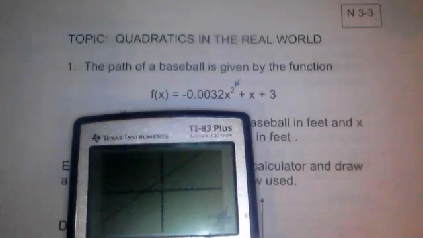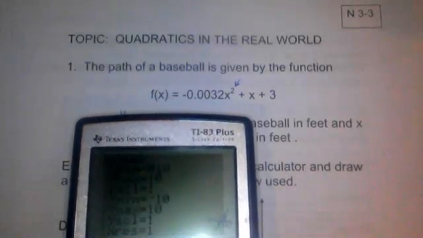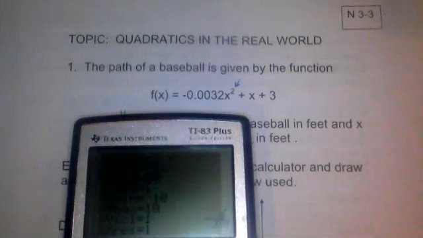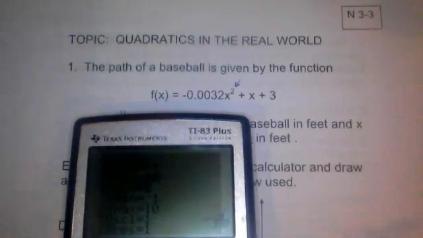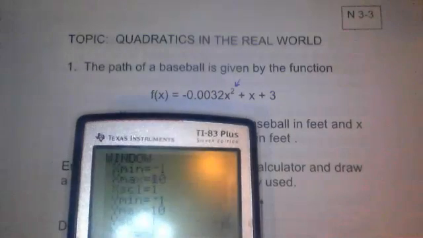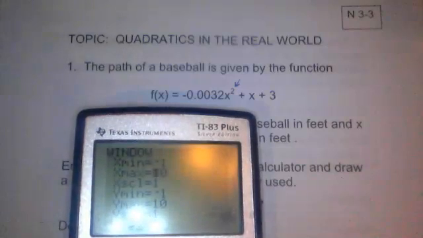So I'm going to change my window up a little bit. I'm not going to get rid of the negatives, because I want to still see the x-axis and the y-axis. So I'm going to use -1 for the x-min, -1 for the y-min. Now, like we said, we need to see a lot further on how far that ball went. x is how far the ball goes, and if this is hit by a batter, it could go 350, 400 feet if it's a good batter.